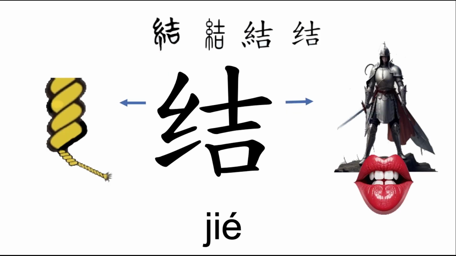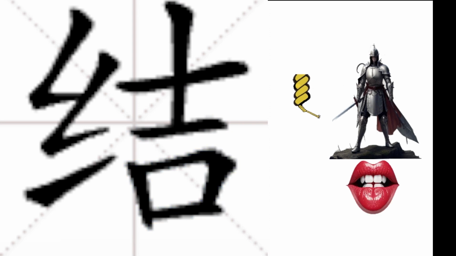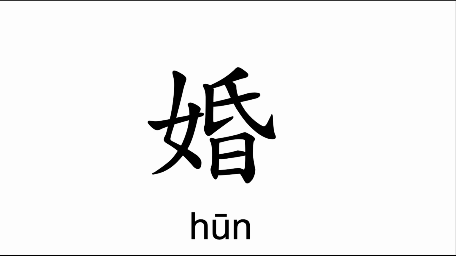This is a common rule used in simplified characters. Now, let's practice the simplified character for 结.